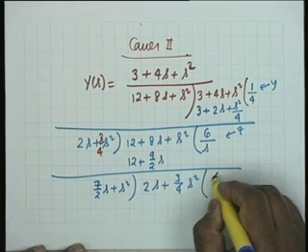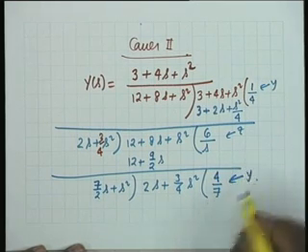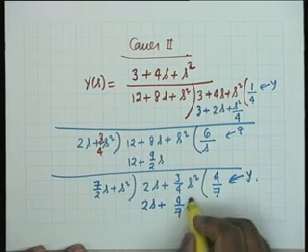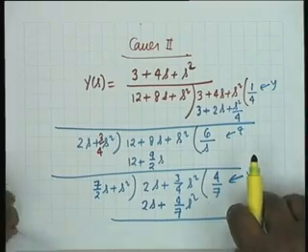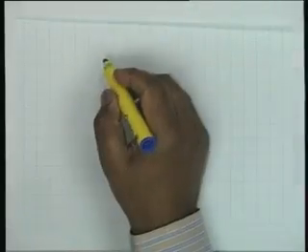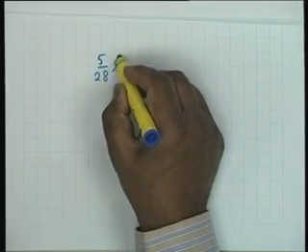What do I get here? 4 by 7, and this is an admittance. So I get 2s plus 4 by 7 s squared. The numbers are not too bad. The remainder would be how much? 5 by 28 s squared.